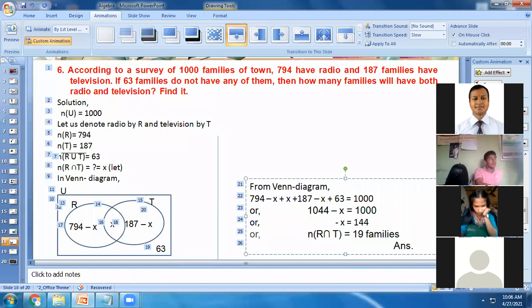The minus signs cancel, and our answer is 44. Our final answer is 44 families have both radios as well as televisions.